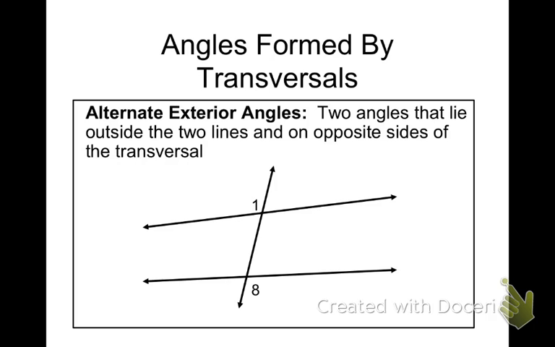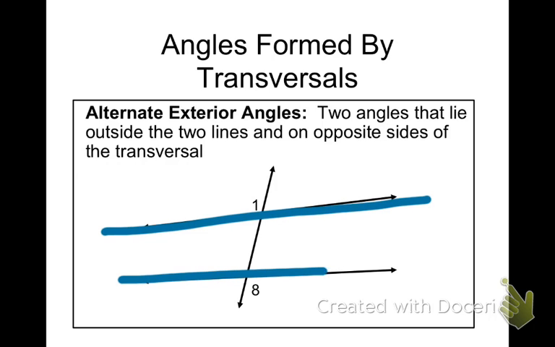So 2 angles that lie outside the 2 lines and on opposite sides of the transversal. So 2 angles that lie on the outside of the 2 lines and on opposite sides of the transversal.